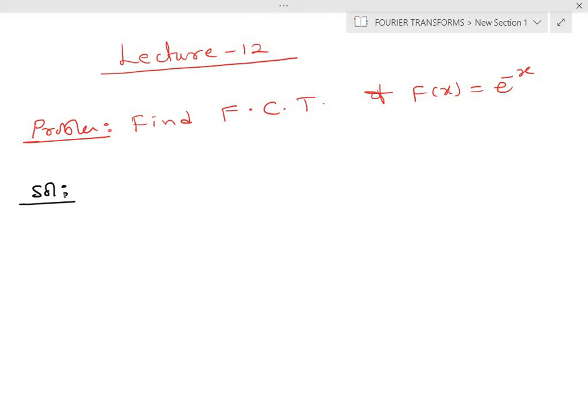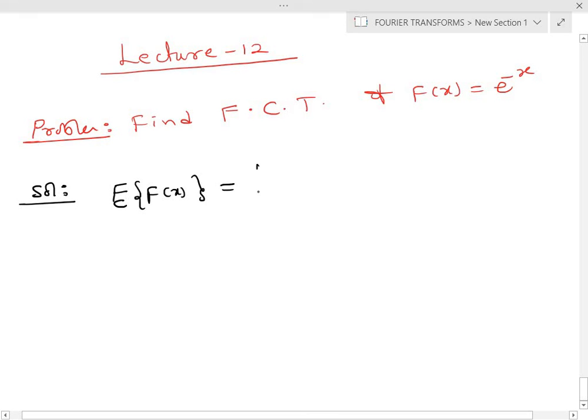The Fourier cosine transformation of f of x will be equal to the integral from 0 to infinity of f of x cos of sx dx.